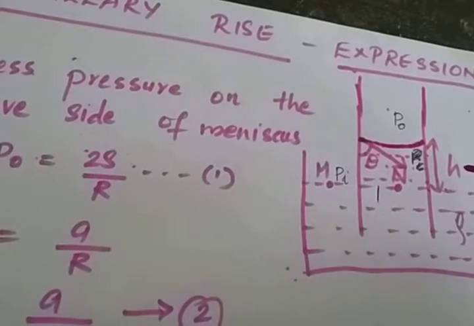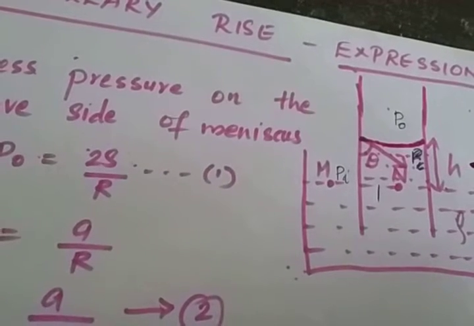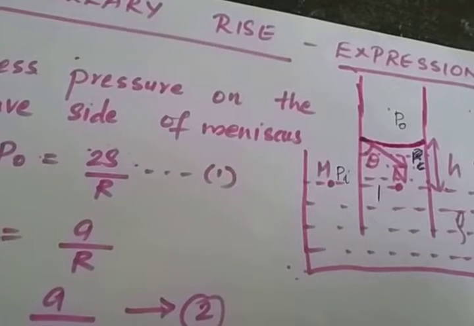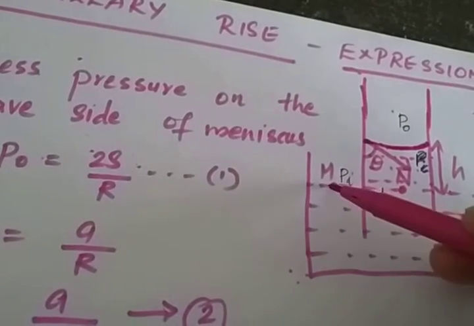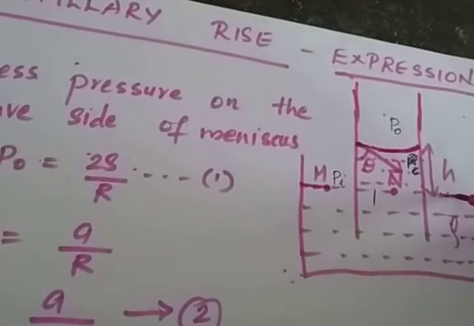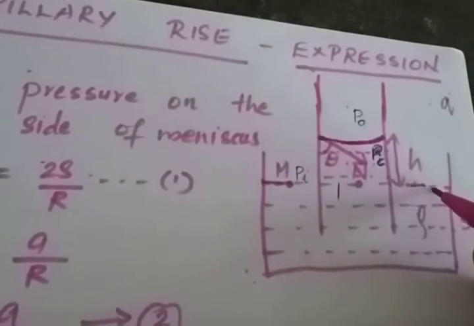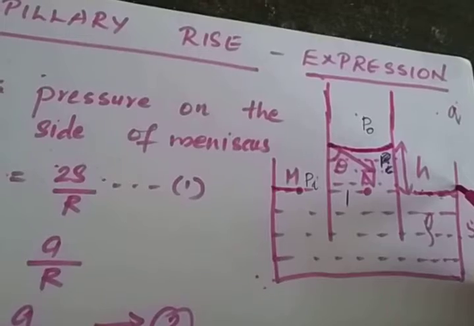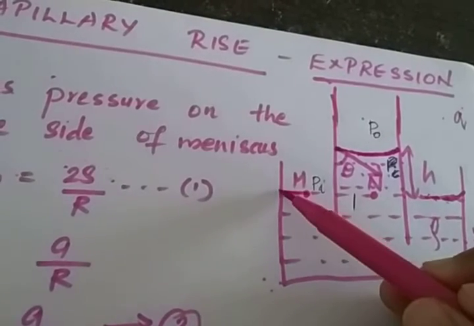Now let Pi be the pressure on the concave side of the meniscus. So this is the concave side. Here also we can consider the same concave meniscus. Okay, in this container also the liquid level can be considered as a concave meniscus.